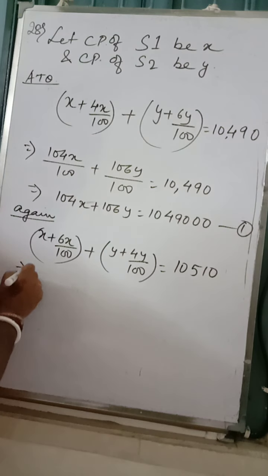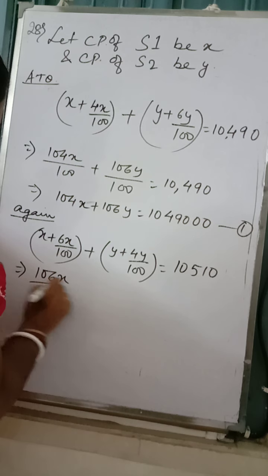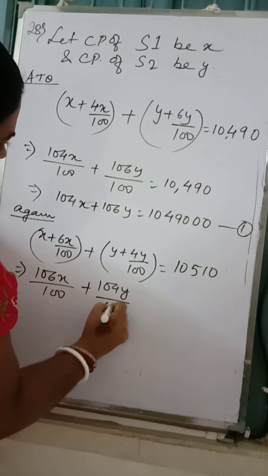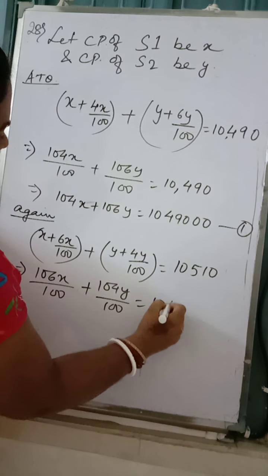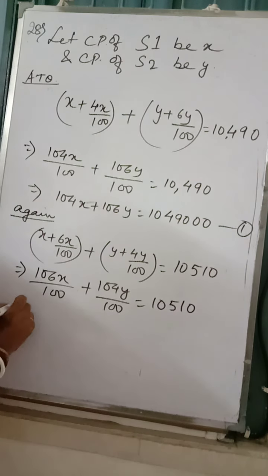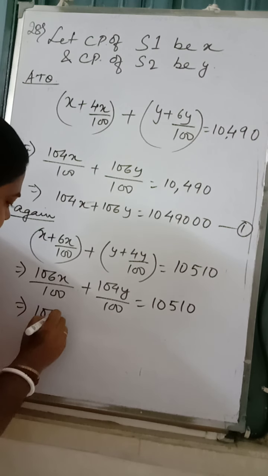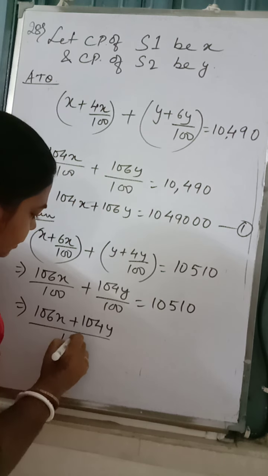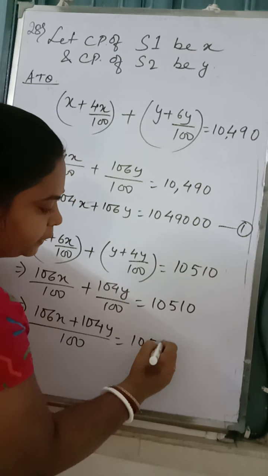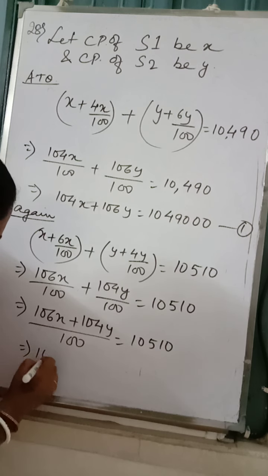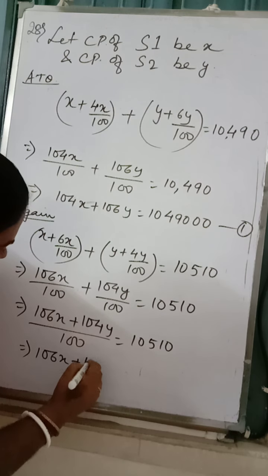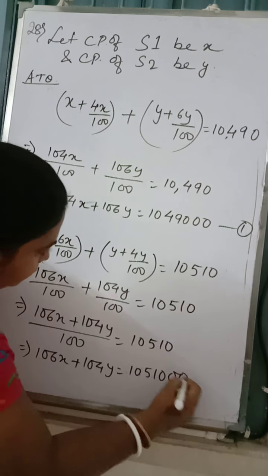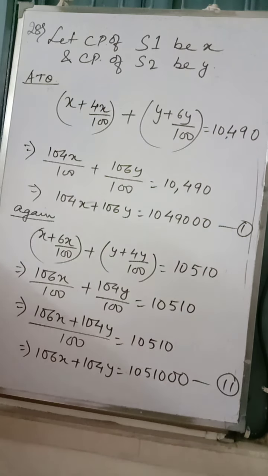So it gives you 106X by 100 plus 104Y by 100 is equal to 10,510, or we can write 106X plus 104Y by 100 is equal to 10,510, or 106X plus 104Y is equal to 1051000. This is equation number 2.